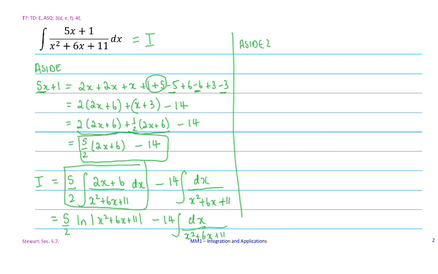And look at this denominator. This denominator, x squared plus 6x plus 11, we can actually complete the square: x plus a all squared plus b. So this would work out to be x squared plus 2ax plus a squared plus b. So 2ax, that's 6x, which means a has to be 3.